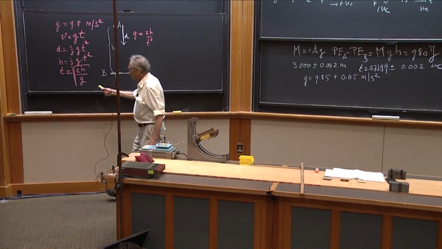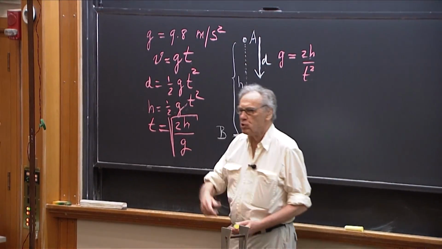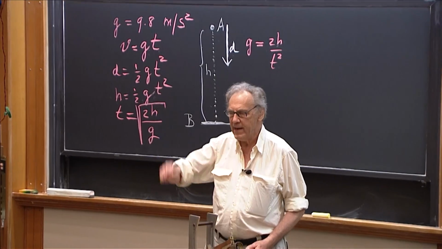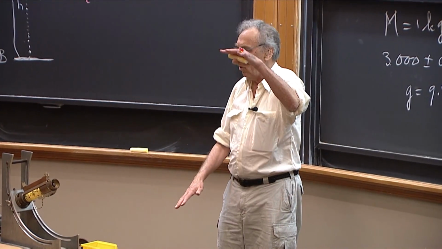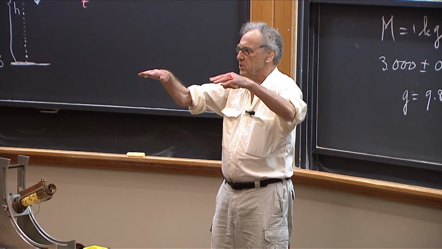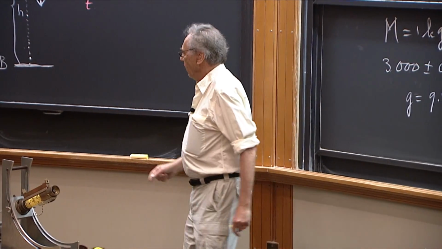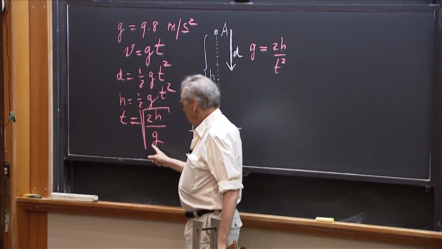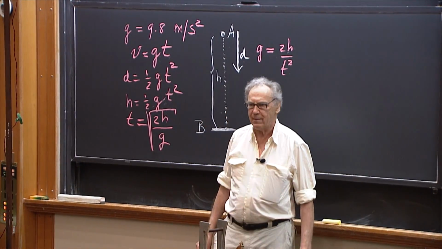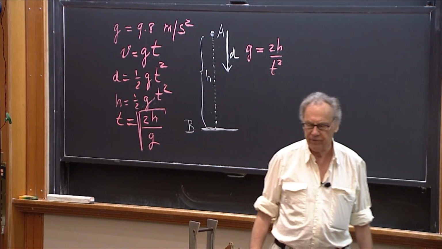So you can ask yourself now the question, how much longer does it take for an object to fall on the moon compared to on Earth, if you drop them from the same height? Well, this is the time that gives you the answer. And g on the moon is 6 times lower than on Earth.